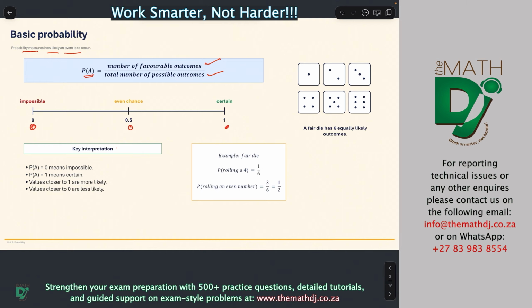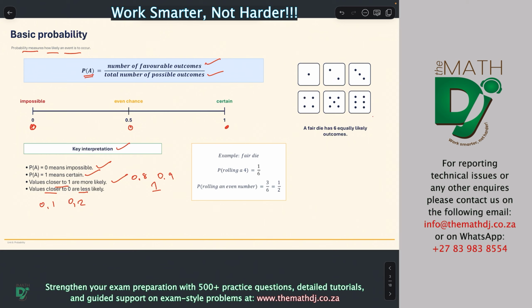So values closer to 1 are more likely, which means if you get a probability of 0.8 or 0.9, it's more likely because it's closer to 1. Values closer to 0 are less likely, for example 0.1, 0.2.